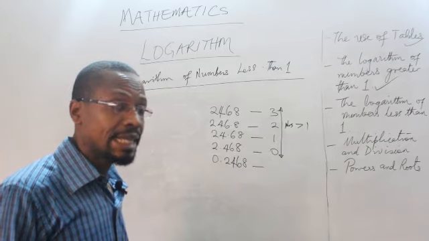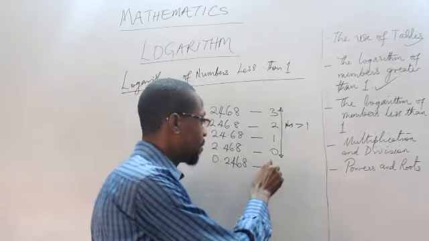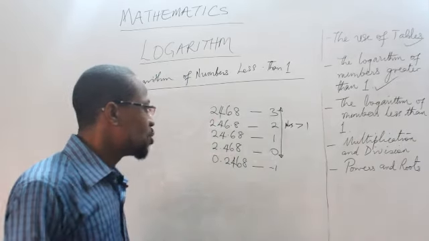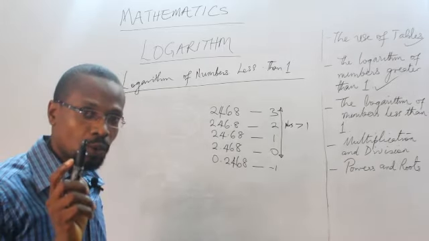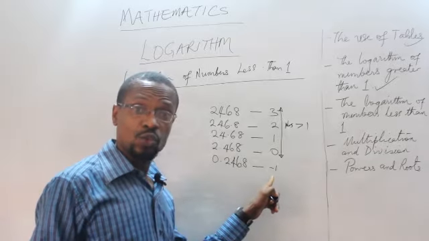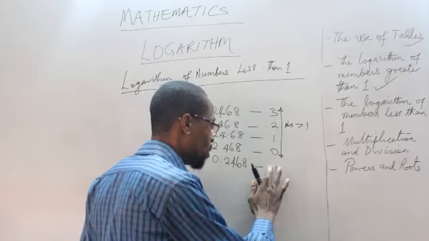Our characteristic here will be what? Negative. Maybe minus 1. Yes. But you see, if we use minus 1, I'll demonstrate something to you very quickly. We can't use minus 1. We rather use bar 1.